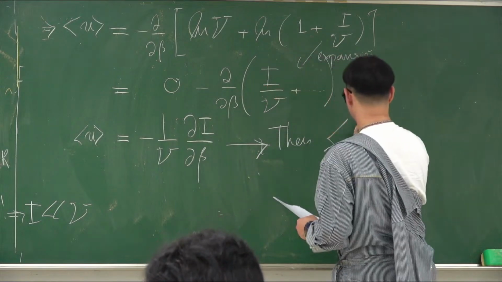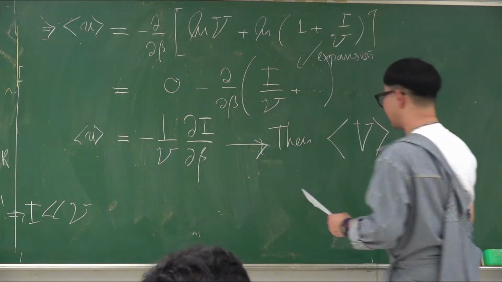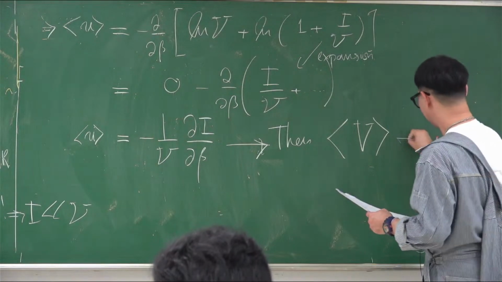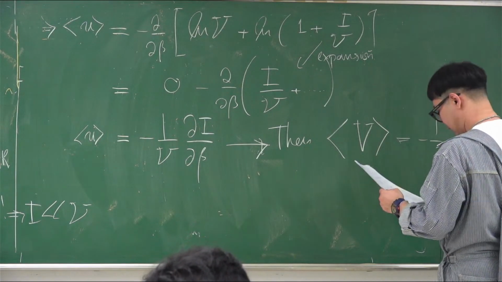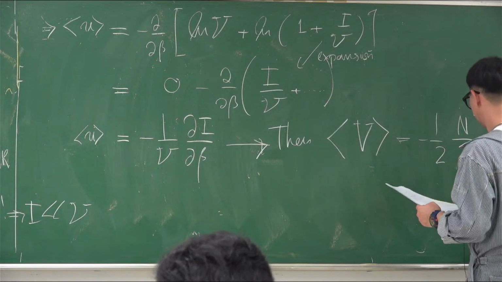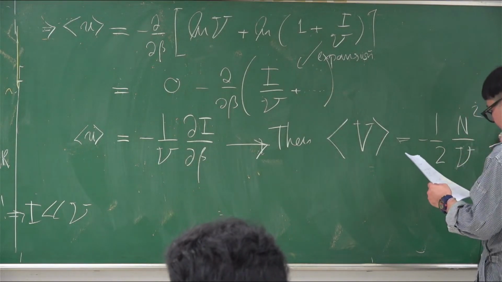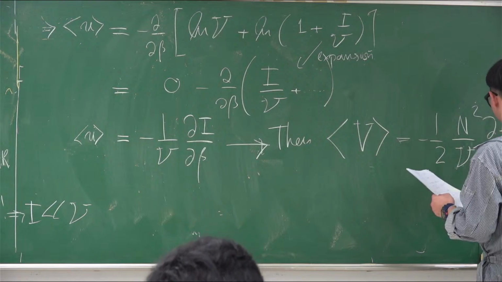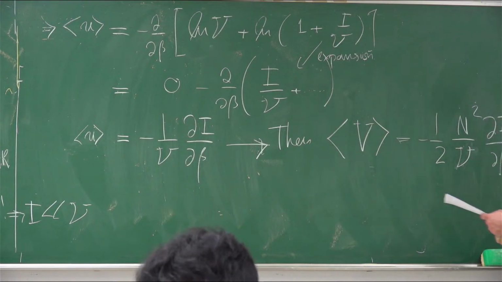Then the expectation of this potential is going to be 1/2 n square this V. All right, this one.